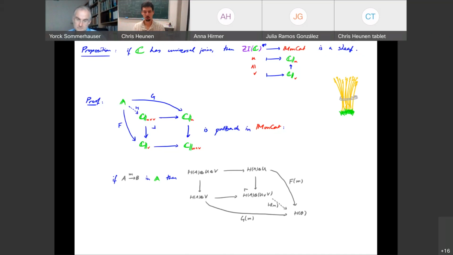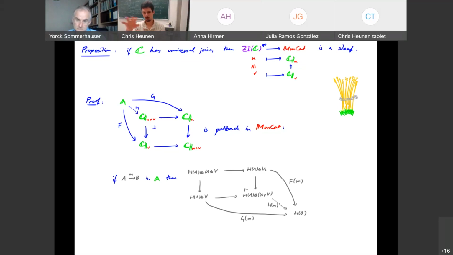And I claim this is a pullback in the category of monoidal categories. So in other words, if you have any other monoidal category A, and monoidal functors F and G going into C restrict U and C restrict V, then there's a unique monoidal functor H going into C restricted to the join.